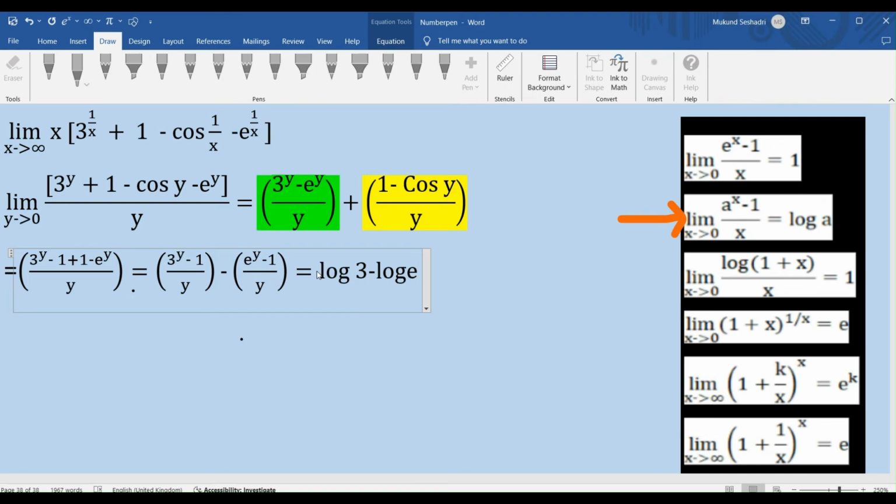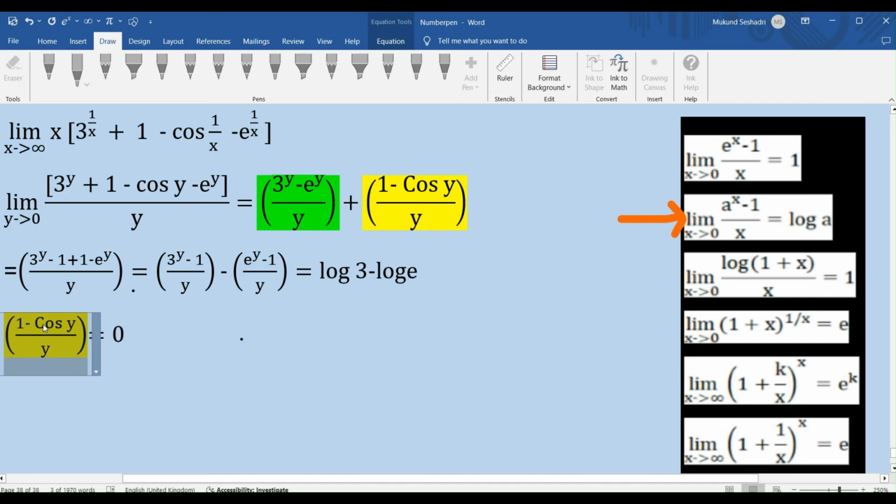And then let's go to the yellow part of the problem. Without going into much detail, I'm going to write this expression as 0. So the limit for this is 0, and the limit for the above expression is log 3 minus log of e, right?